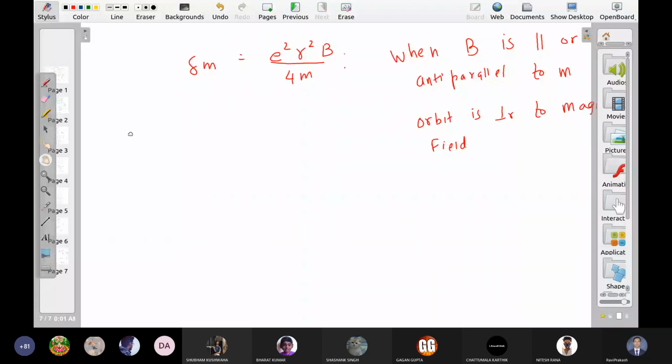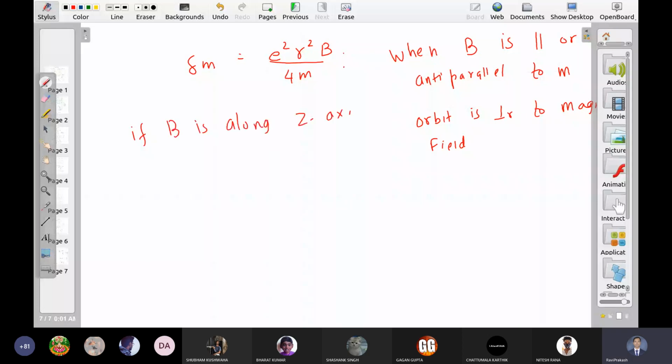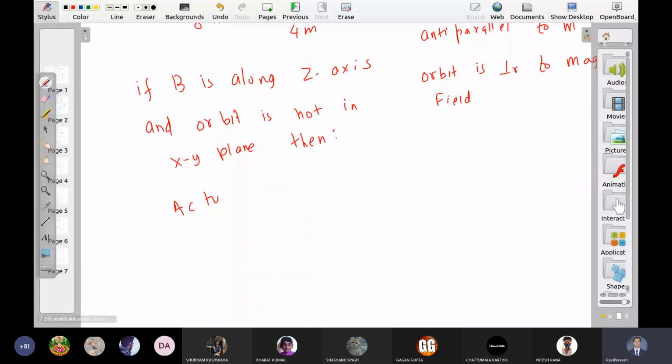If B is along Z and the orbit is not in the xy plane, then the actual radius, let me call it r naught, square is x square plus y square plus z square.